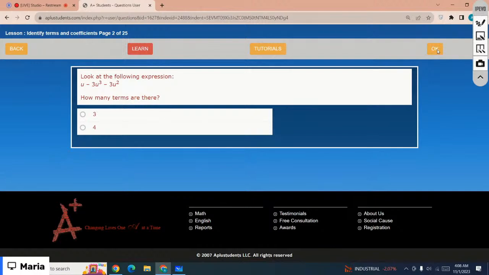The correct option is three terms: u, 3u cube and 3u square. They are three terms that are added or subtracted.